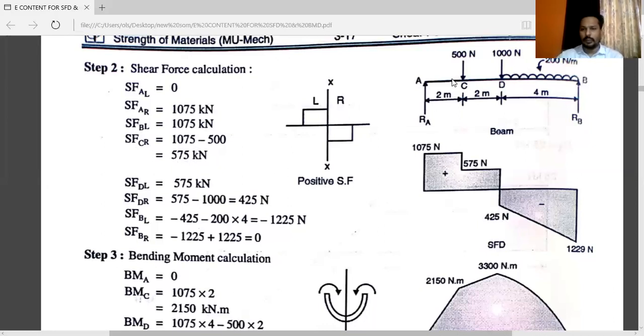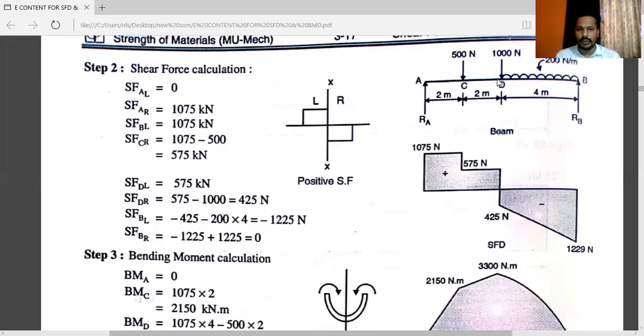Next, after the point C, the next point is D. Shear force just to the left. Now see the cursor location, and you have to calculate shear force at point D just to the left. So you have to consider all left side forces. RA is positive, minus 500. 500 is moving downward, so minus 500.